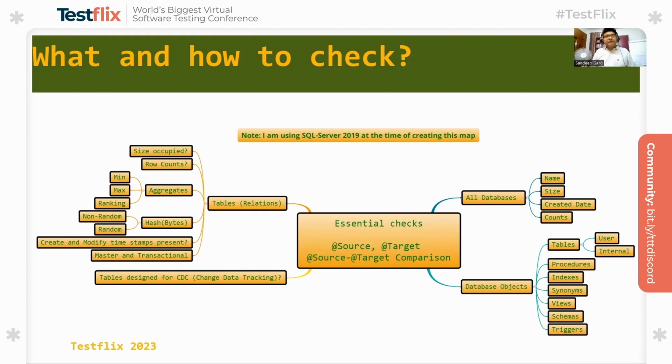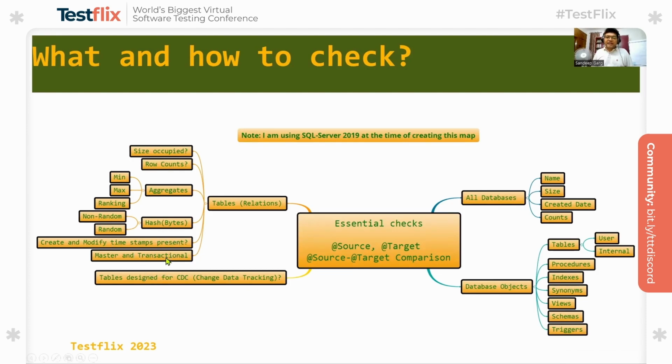So you are focusing on, let's say, counts, right? This is one of the essential checks. Counts for the tables, then aggregates to find corrupted data, checks with the help of hash bytes to facilitate identification of delta or incremental records, and looking at the create and modification timestamps in the table.